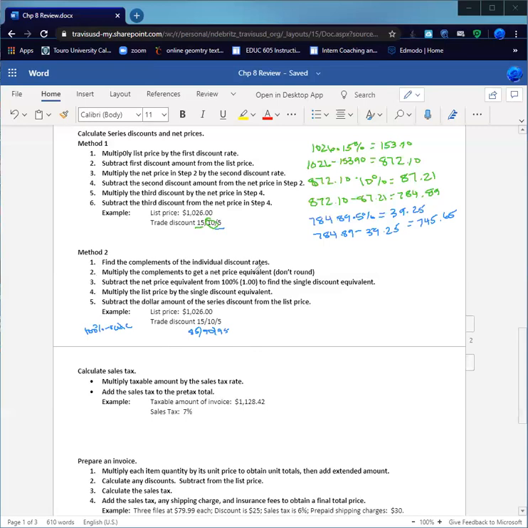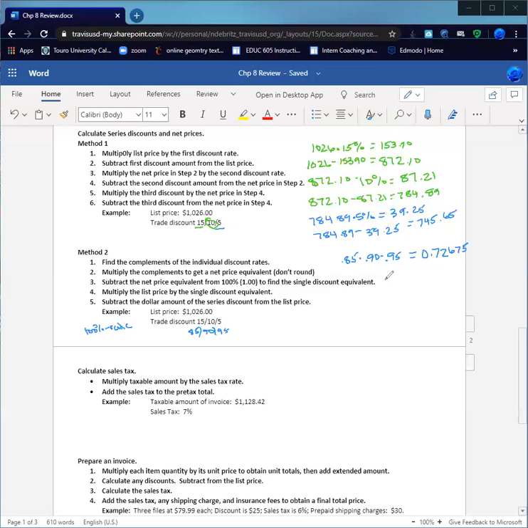Then you multiply the complements to get a net equivalent. So I'm going to have 0.85 or 85% times 0.9 or 90% times 0.95 or 95%, which is going to give me 0.72675.